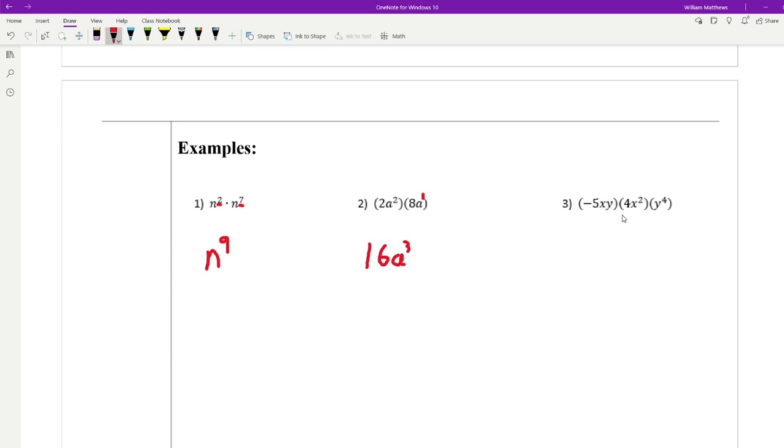Along with that, when we have 3 sets of parentheses, we can add all the exponents together, or to keep it simple, mark down everything for exponents. Start with the coefficients. My coefficients are -5, 4, and 1. So I have -5 times 4 is -20, times 1 is still -20.